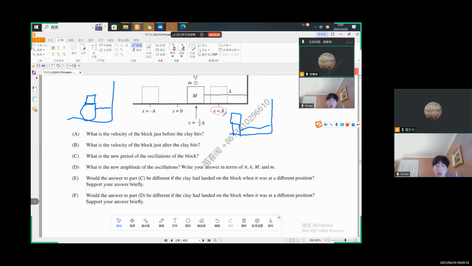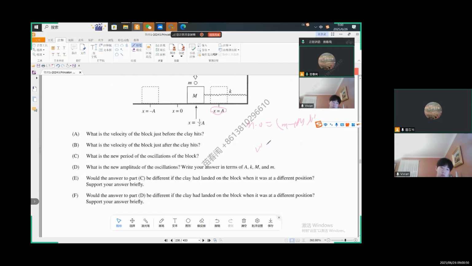If there's no speed, which means what we did before, it's basically m times 0 plus m plus m and v prime.